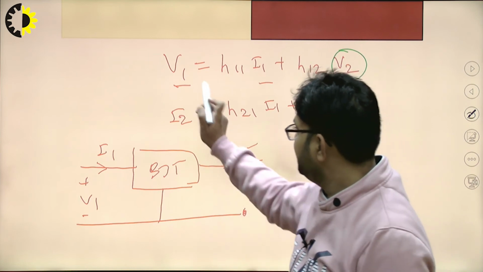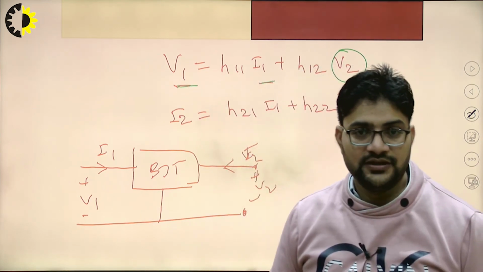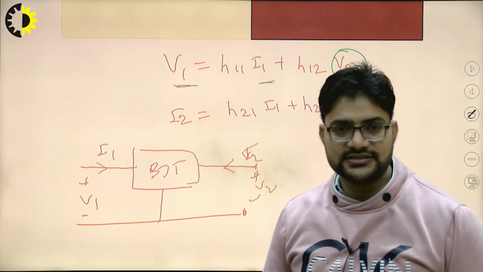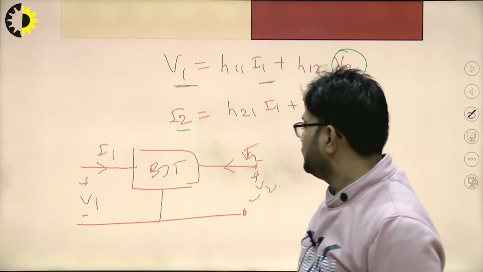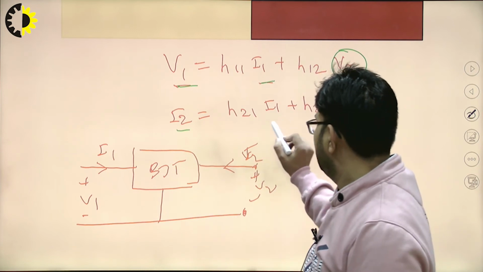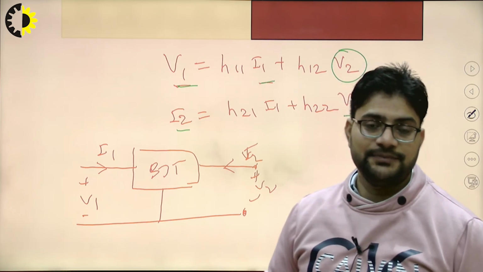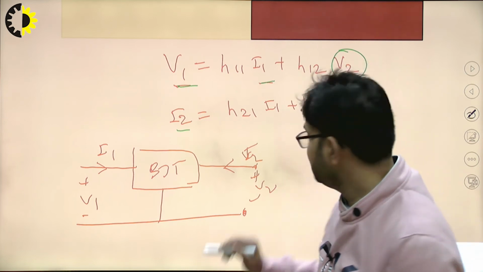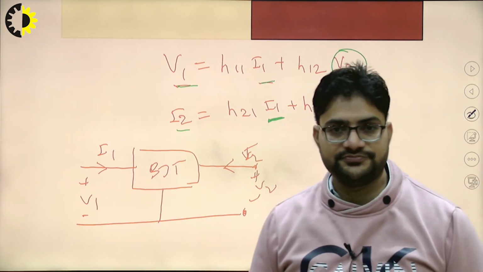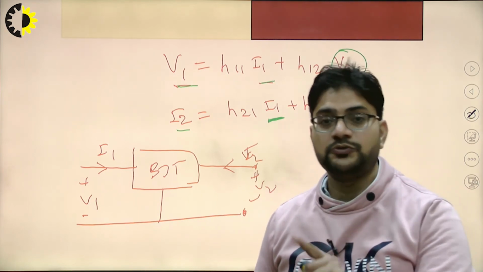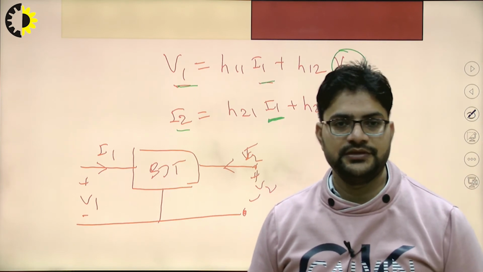It is in between the V1 and the I1, keeping output voltage constant. Now if I talk about the output characteristics, it is in between I2 and V2, and the parameter which is to be kept constant is I1. I1 is to be kept constant if we want to plot the output characteristics of any configuration, right?